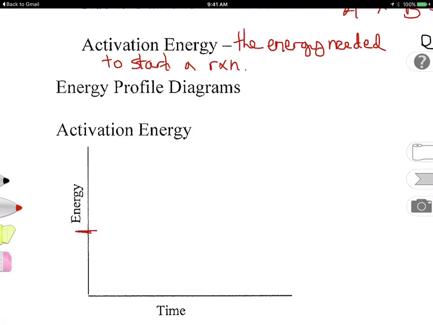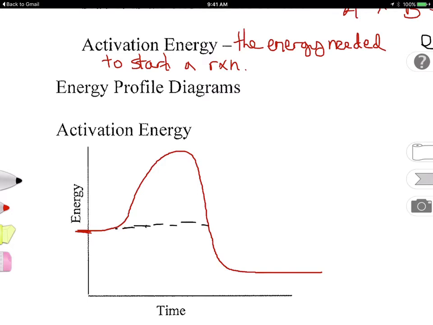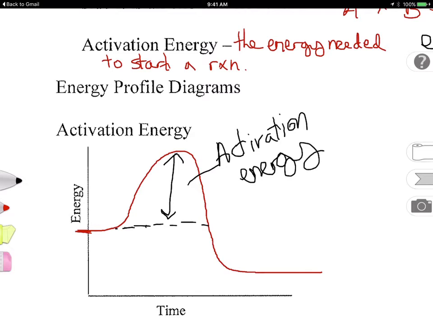We're going to start out at some energy level, whatever that is. The reaction is starting, and then we have to get it to go, so we get this big hump, and then the reaction proceeds and it finally ends, okay? If we extend this line where we started out at, this hump, that entire hump, is the activation energy. Activation. And we abbreviate it E sub A. But that hump is your activation energy.